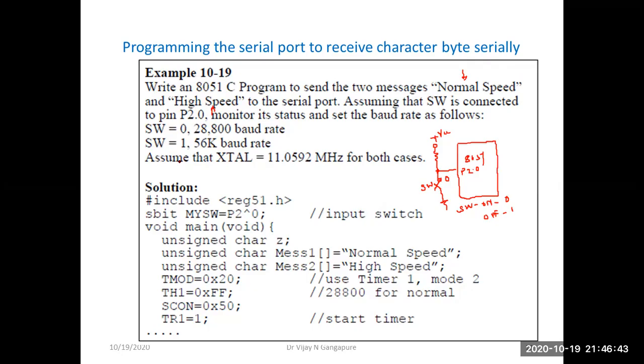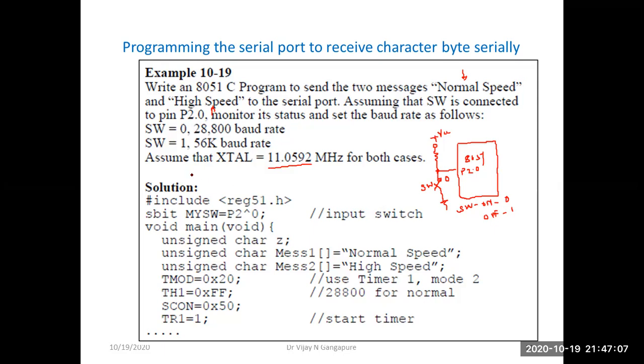So two things are there. We have to transmit two messages depending on the switch position, that is the first thing, and depending on the switch position we have to set the baud rate, that is the second thing. Assume a crystal frequency of 11.0592 MHz. Obviously that should be, otherwise we cannot generate such standard baud rates.